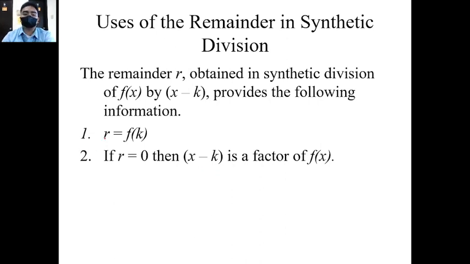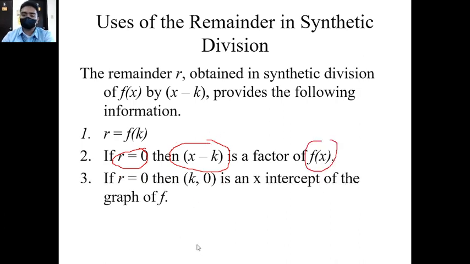Please remember, if your remainder is 0, then we can tell that your x minus k, the binomial that you are dividing into your polynomial, is a factor of your f of x. Then lastly, if r is equal to 0, then the coordinates k and 0 is an x-intercept of the graph of f.